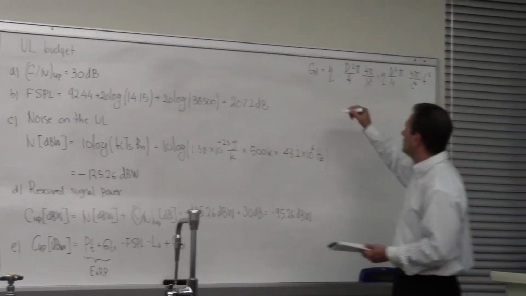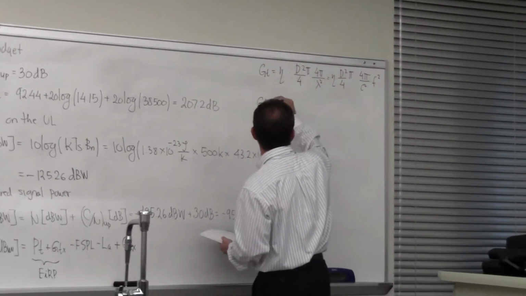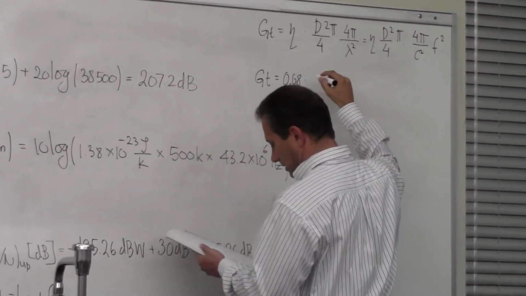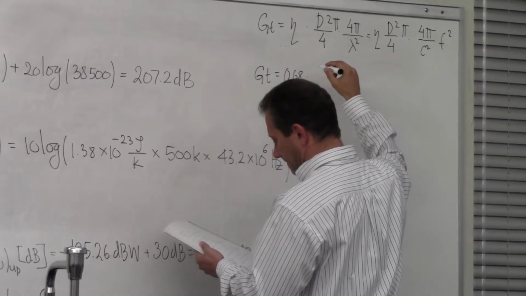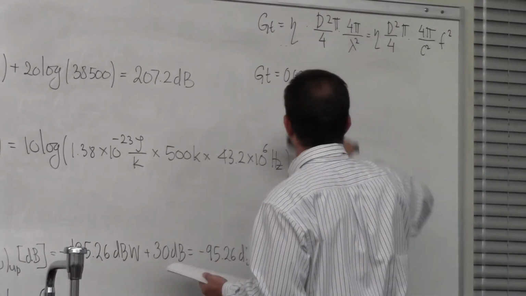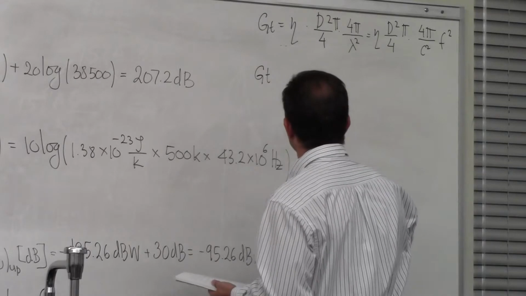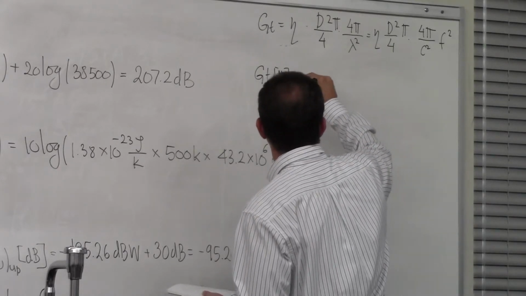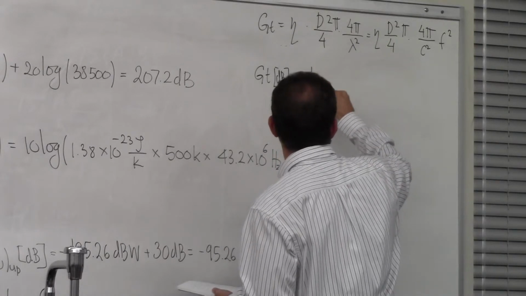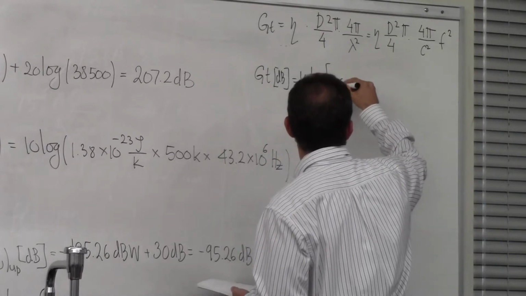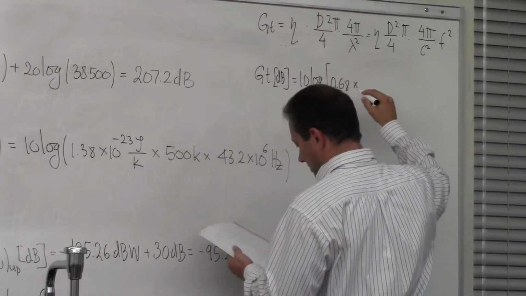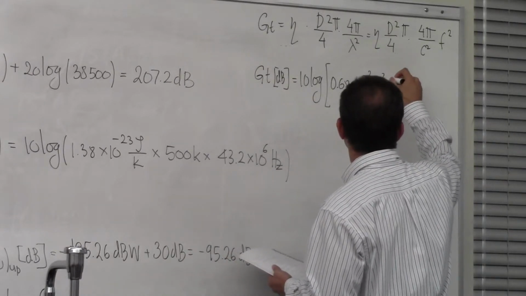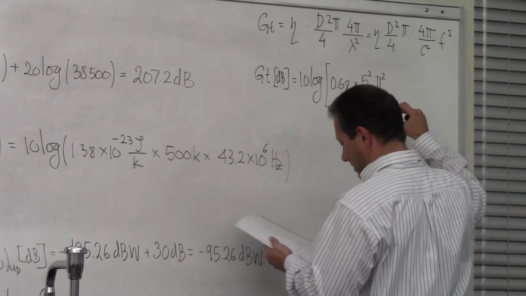In our case here, if I substitute the values, this becomes 0.68 times the diameter of the antenna. Or let me do it this way, because I want it in dB. So let's say this is 10 log of 0.68 times pi squared times D squared, divided by 4.